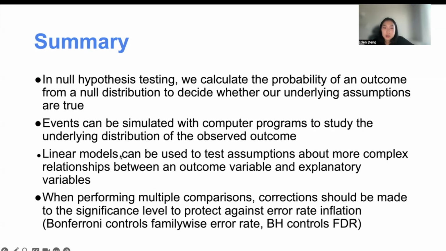Another concept we discussed briefly is generalized linear models, which are commonly used to test assumptions about more complex relationships between an outcome and explanatory variables. Hypothesis testing for these GLMs will generally be about the coefficients in the model. Finally, for performing multiple comparisons, we have the Bonferroni correction to control the family-wise error rate and the Benjamini-Hochberg method to control the false discovery rate.